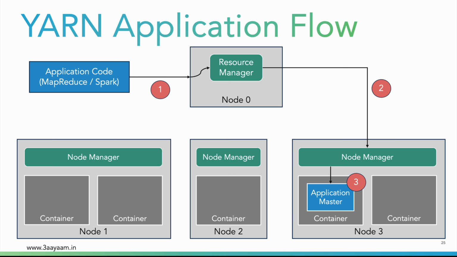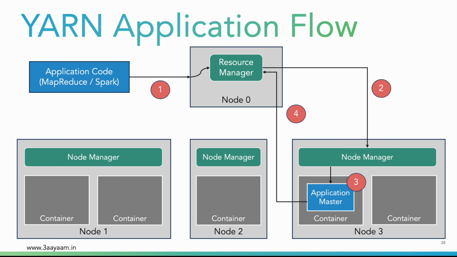Anyway, this is the third step, that the node manager would launch the application master, and then the application master would talk to the resource manager and ask for more resources for the application code to run. Now, why is that the case? Because whenever we submit an application, let's say a Spark application, we mention the amount of memory and the amount of CPU that we need.